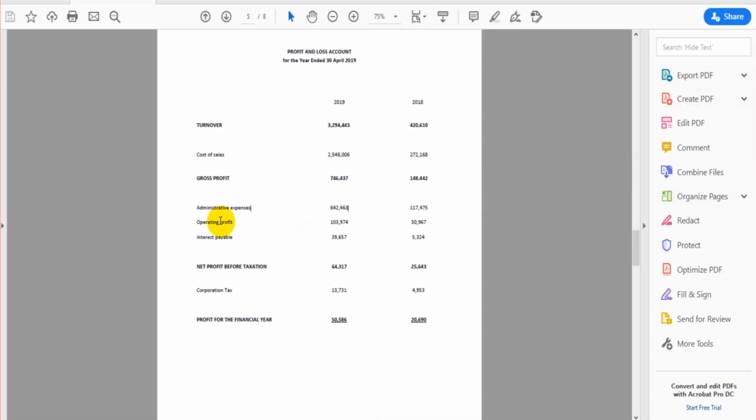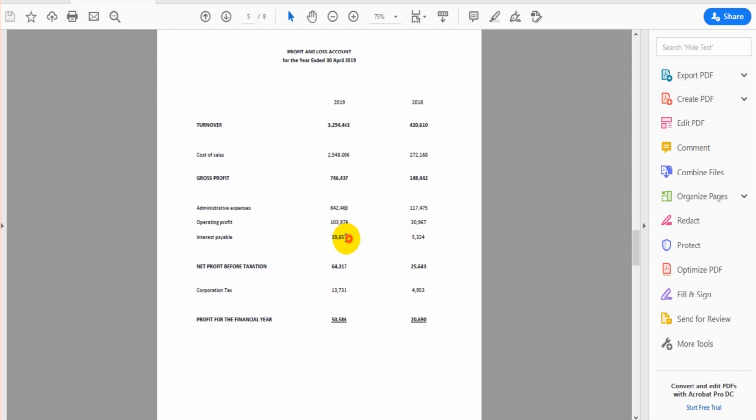So we have administrative expenses, 642,117. Once again, this is expected if sales have increased, because the more sales you're making, the more your overheads could be going up. Things like wages and things like that. And we'll come to that a bit later on.